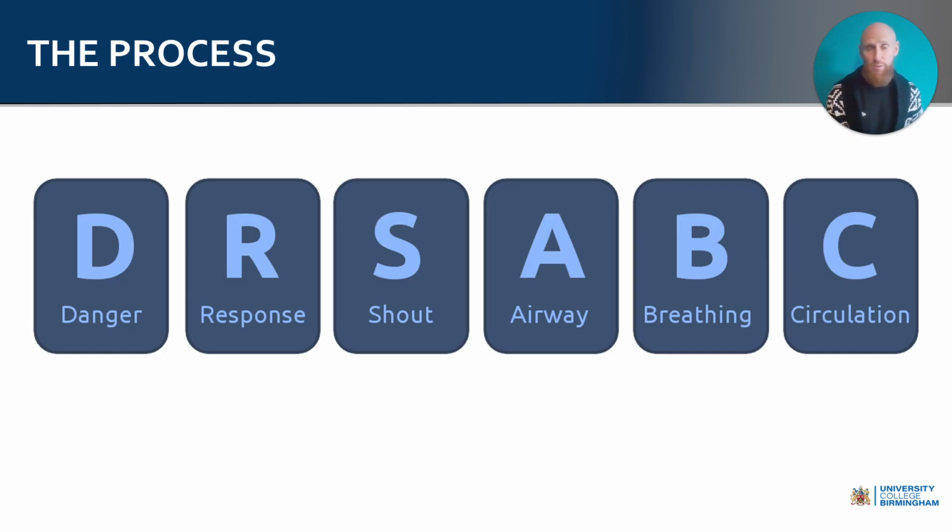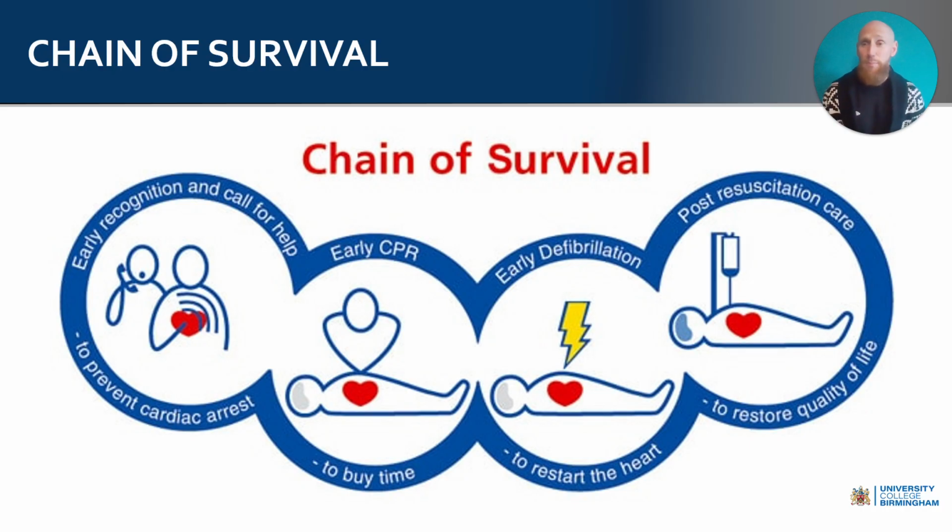the circulation. We'll talk you through over the course of the next 20 minutes how we go about doing that. Now, you may have heard of the chain of survival, so early recognition and call for help is super important. What you ideally need is access to a defibrillator, to potentially get that heart going again, and then you are in a position where you can provide rescue breaths and chest compressions.